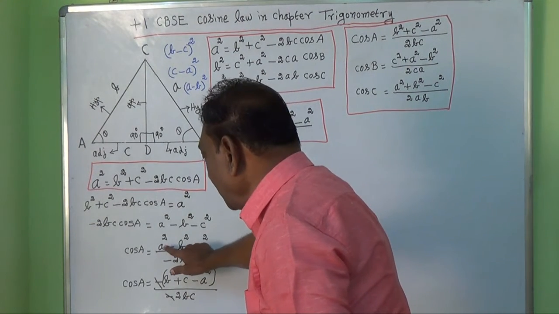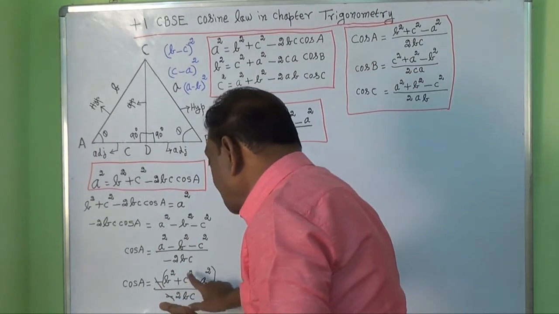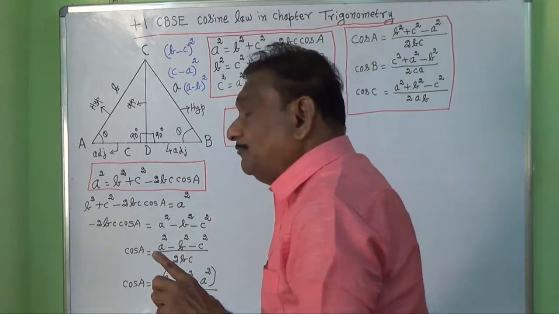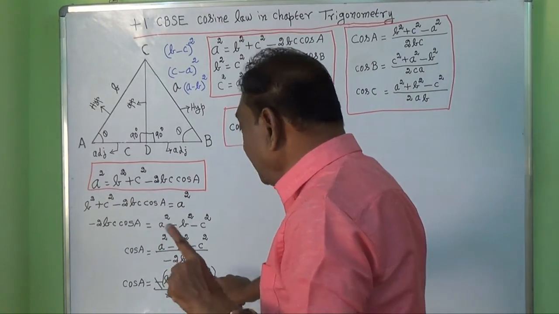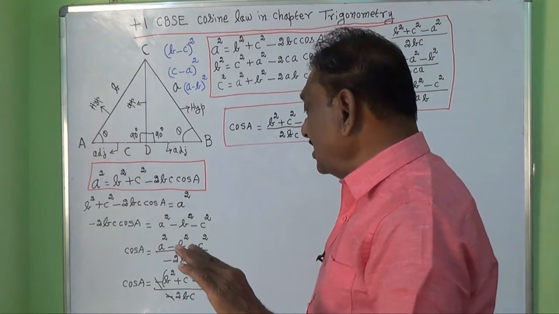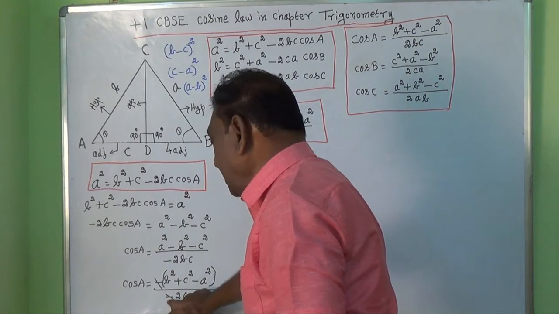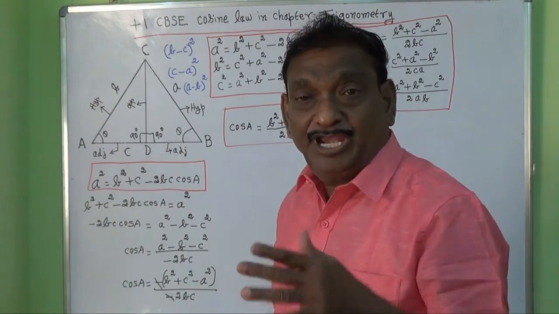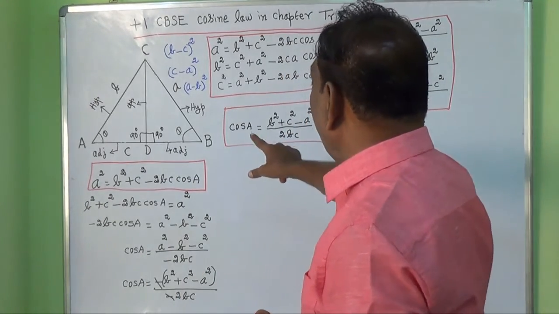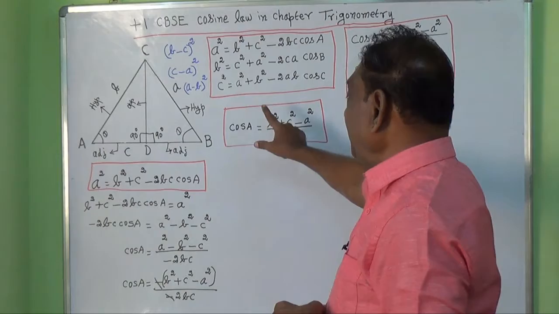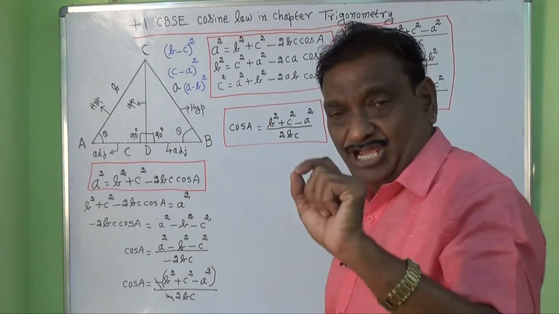The a square is having the sign of plus, the minus into plus is minus, so that we are writing as minus a square. Then we can cancel the numerator minus and the denominator minus, and minus into minus will become plus, so that the formula for cos A is obtained as b square plus c square minus a square by 2bc.